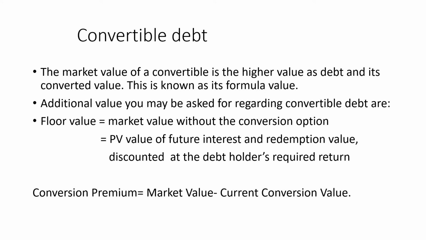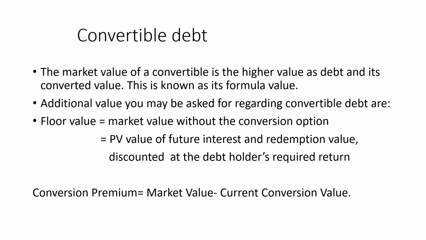We consider what amount of interest we are getting from that debt instrument, and what total amount we will get as redemption. We discount it at the required rate of return and add all the amounts, so we get the present value of all future cash flows from that security. That is called the floor value.